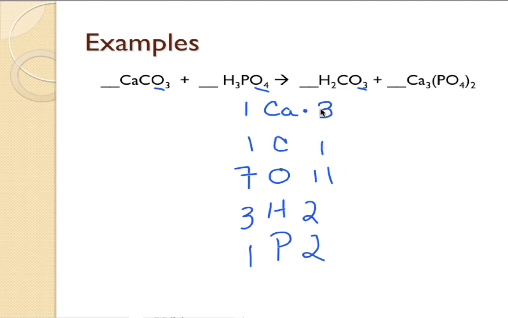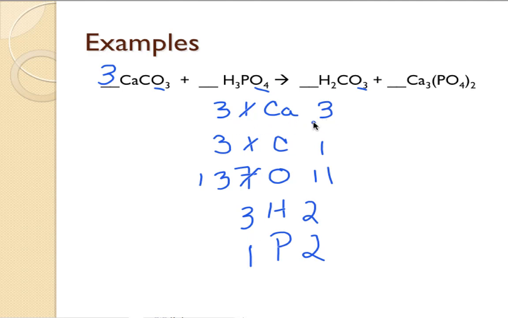Well, starting at my first element, I notice calcium's not balanced between them, so I'm going to add a coefficient of a 3 in front of this compound to bring my calciums more in line. So that 3 changes my calcium to 3, changes my carbon to 3, changes my oxygen to 9, plus these 4, or 13. Not affected my hydrogen, did not affect my phosphorus.